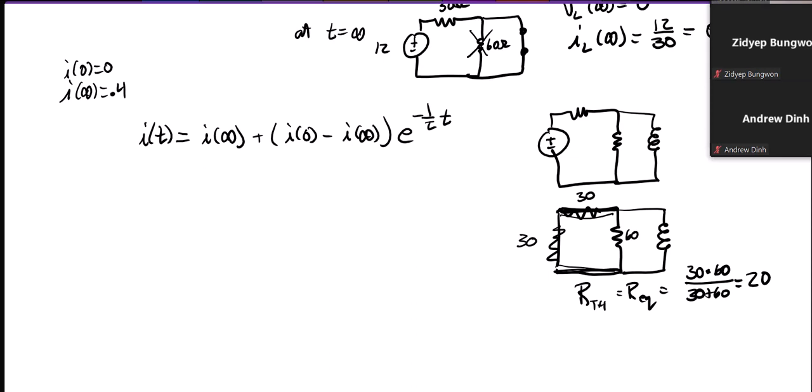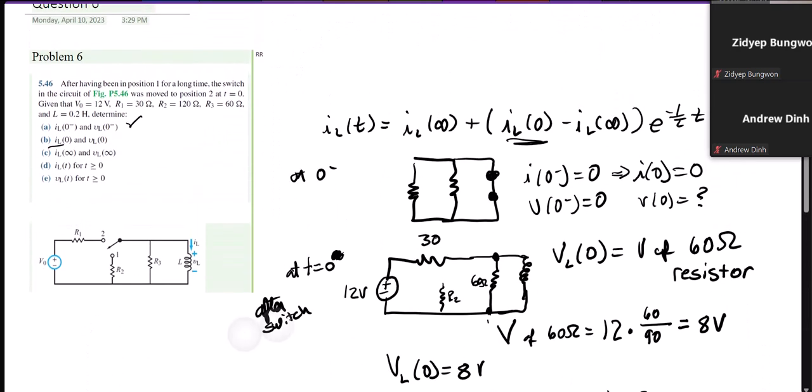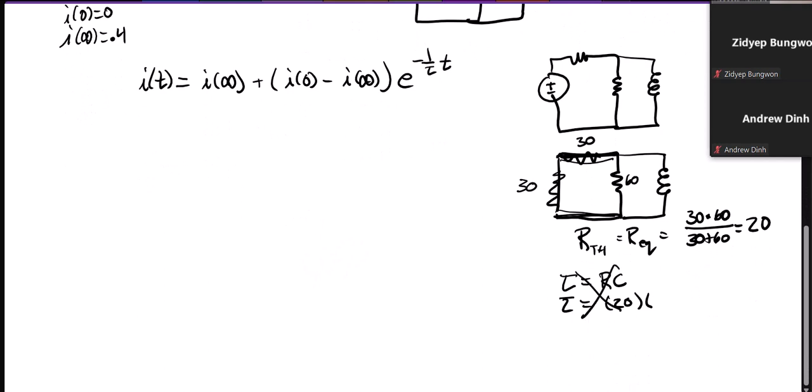Okay, so tau is RC, or 20 times our capacitance was... RL, so that doesn't help us because it's not RC. So tau is L over R, and L is 0.2, and R is 20.